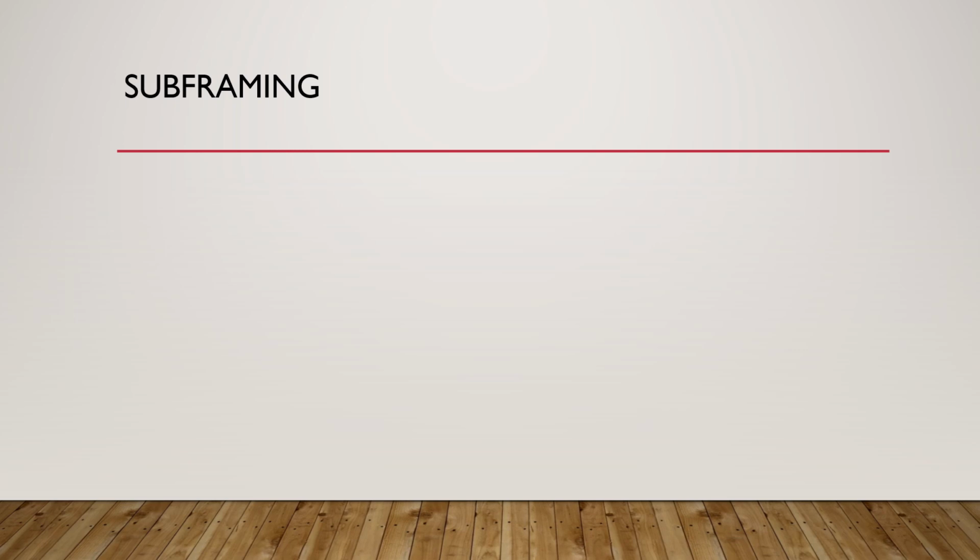Subframing. A subset of a data frame we can obtain using the subset function, or we can do something called subframing, which does not require any function, but requires square brackets. For example, I believe we already did it on one of the first slides.